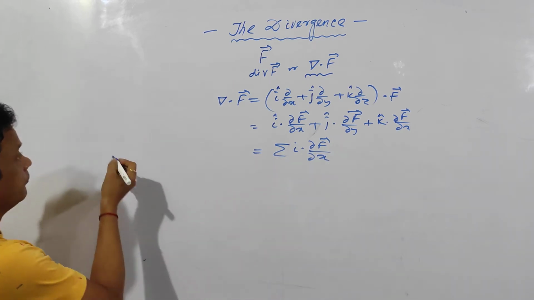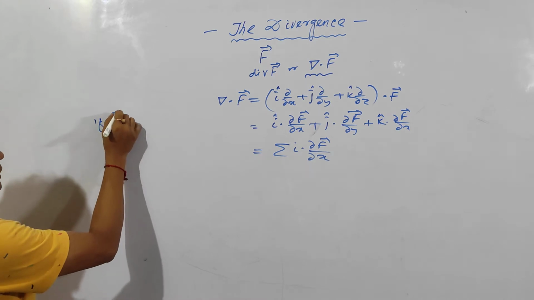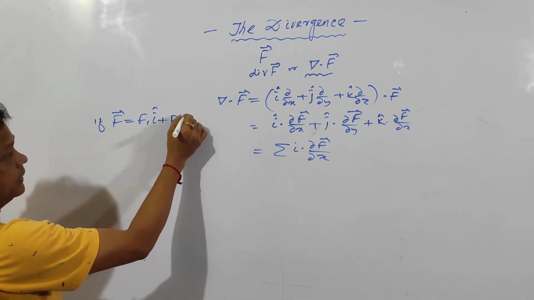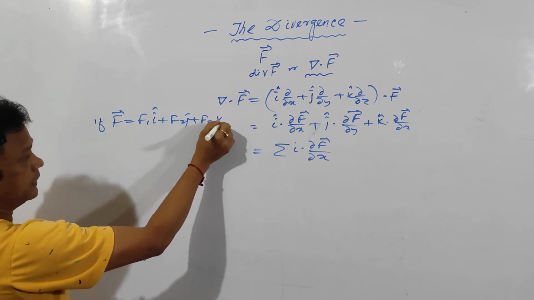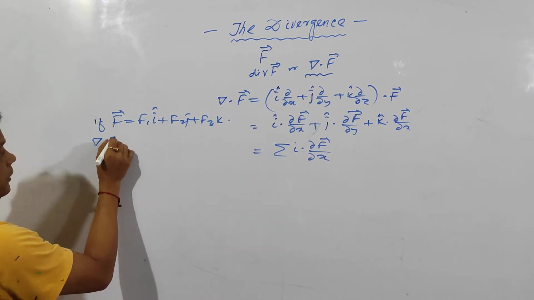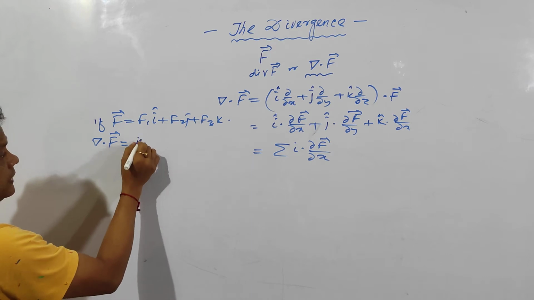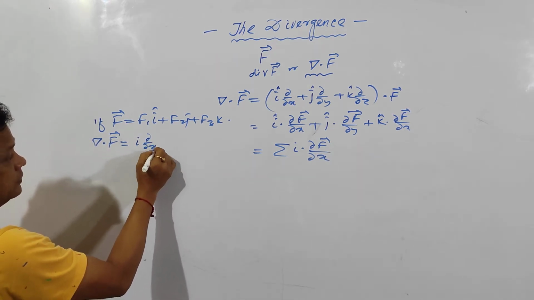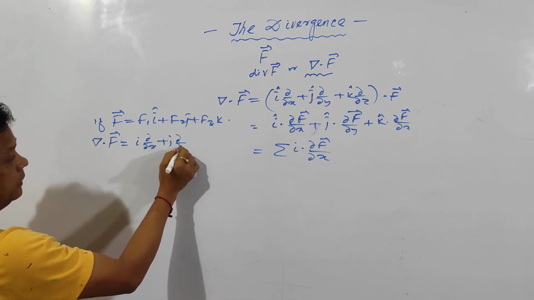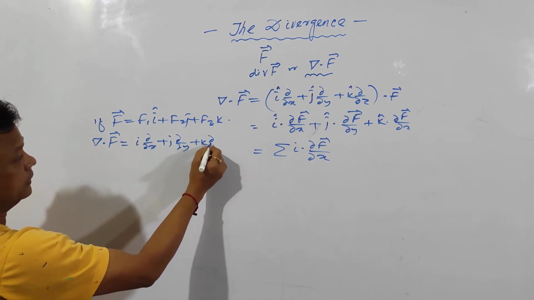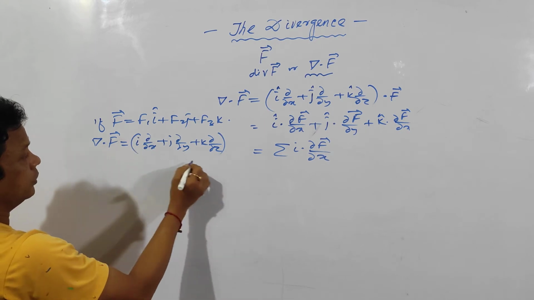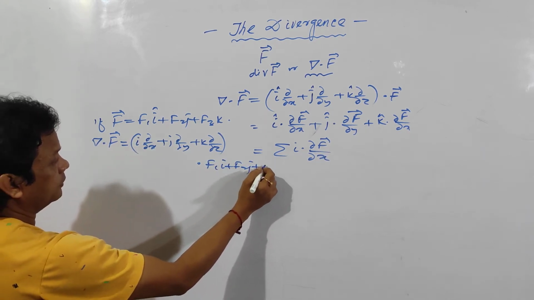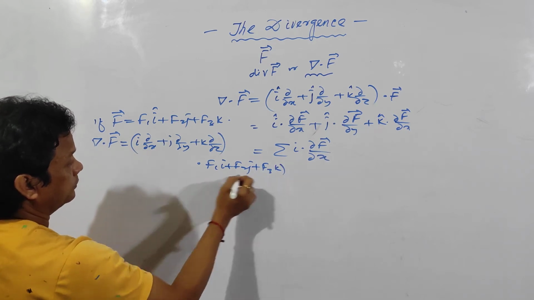Now see here, if f vector is equal to f1 i cap plus f2 j cap plus f3 k cap, then what is del dot f? Clear? Del is i del by del x plus j del by del y plus k del by del z dot f1 i cap plus f2 j cap plus f3 k cap.